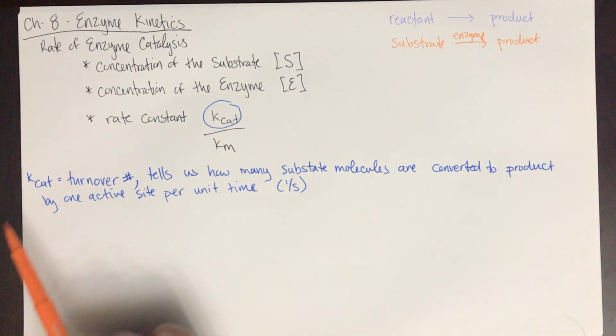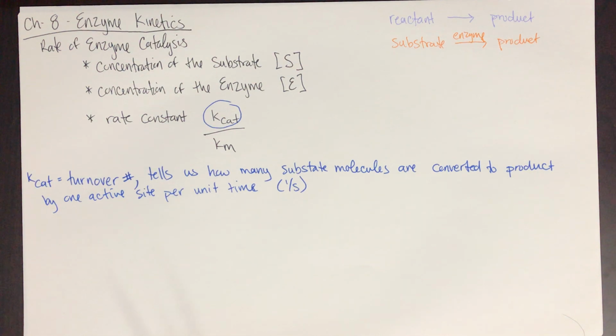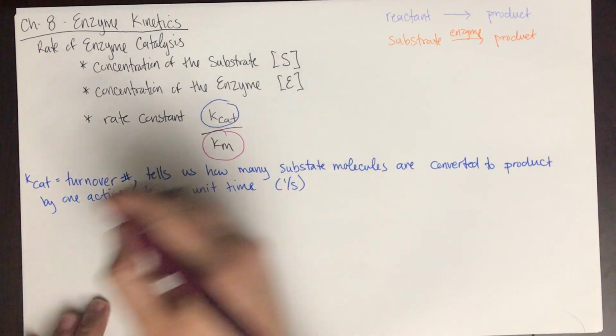So Kcat is the turnover number. It tells us how many substrate molecules are converted to product by one active site per unit time. The Km describes the attraction of the substrate to the enzyme.